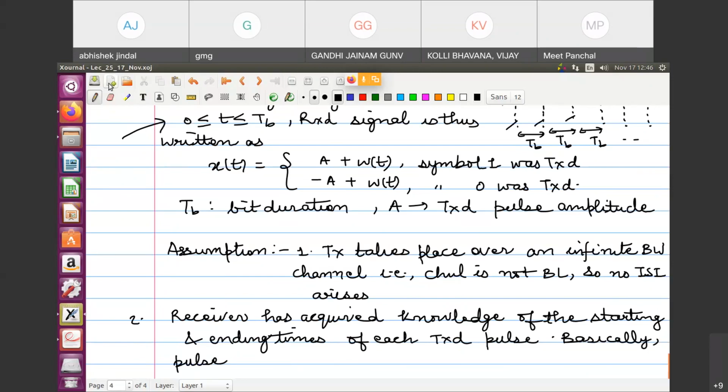Also, obviously, pulse shape is known. Pulse shape is known, but not the polarity.